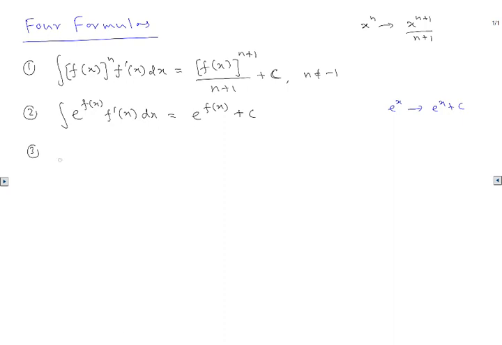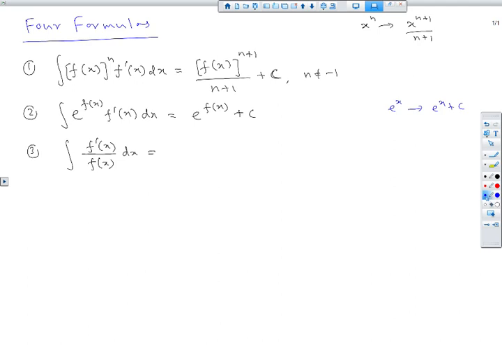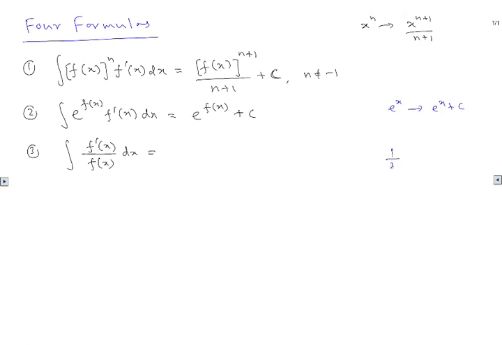The third formula. Let's say you have a function, and then you have its derivative on top. Let's look at the corresponding formula with the regular function. The integral of 1 over x is ln x plus c.